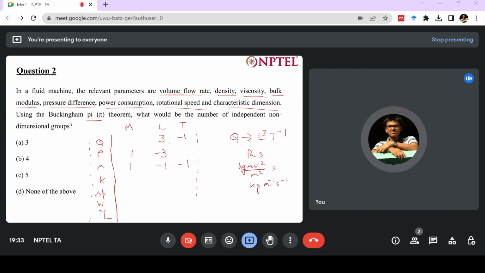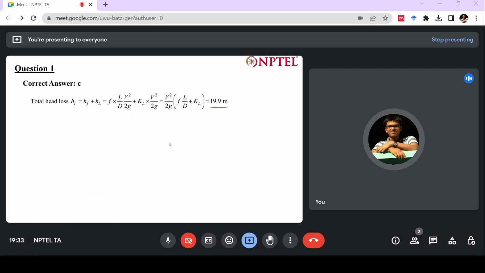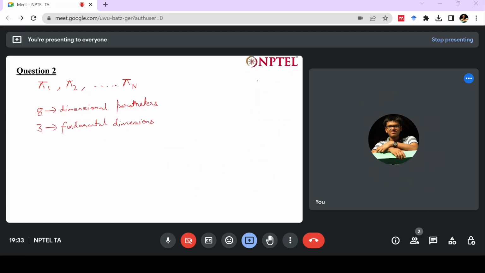Now, to non-dimensionalize them, we need to come up with terms which have no dimension attached to them. So let's say we have two lengths here, H and L. If I do my Buckingham theorem with this, H and L are there, and only one fundamental dimension, the length.